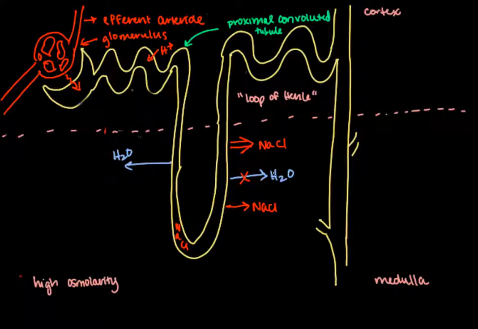Now, this is really important in that, one, we're reabsorbing some salt, but also this is what actually maintains the high osmolarity of the medulla. So this is a really important process. And as we go up, because we're actively reabsorbing all this salt, our filtrate becomes more and more dilute. So draw that and say dilute.